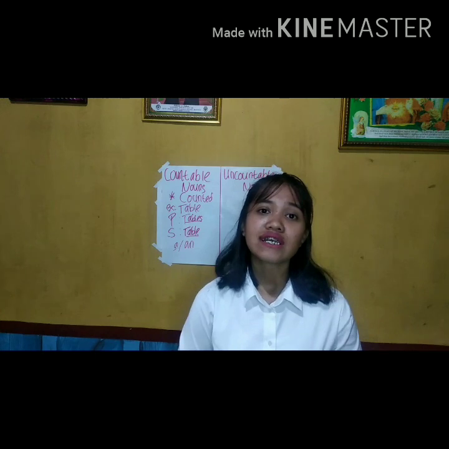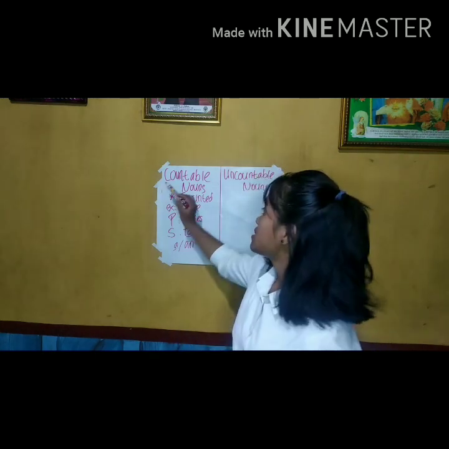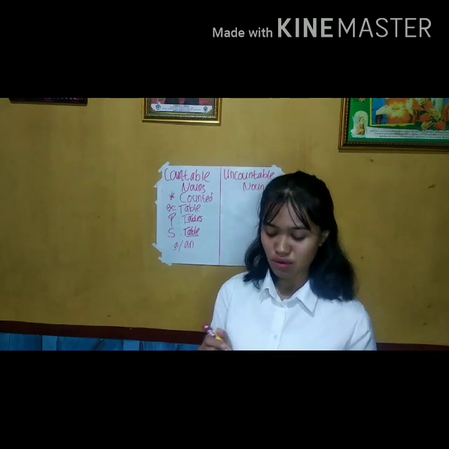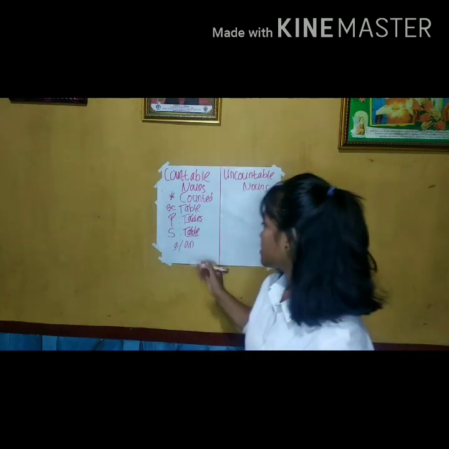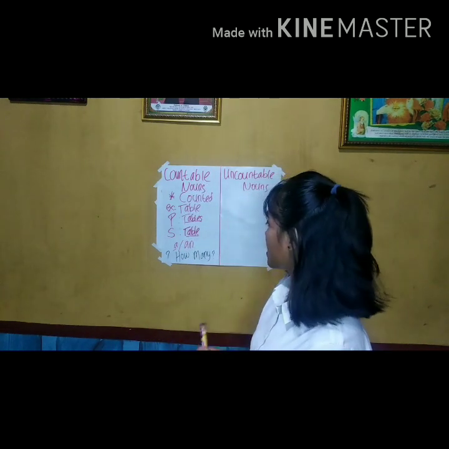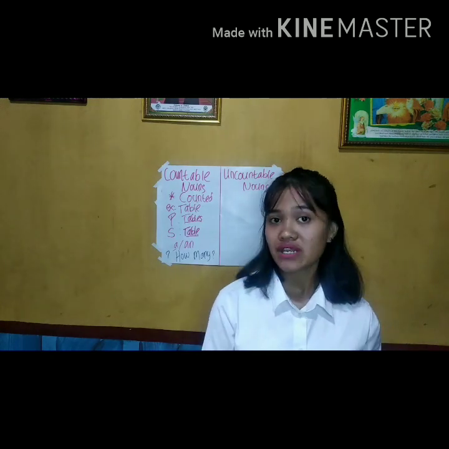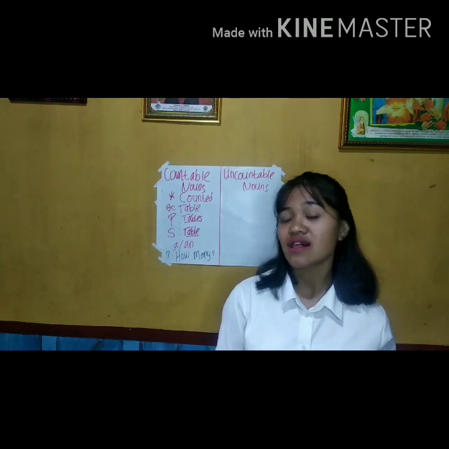What question can we make if we want to ask about countable nouns? The question that we can use is how many. For example, how many tables are in the classroom?